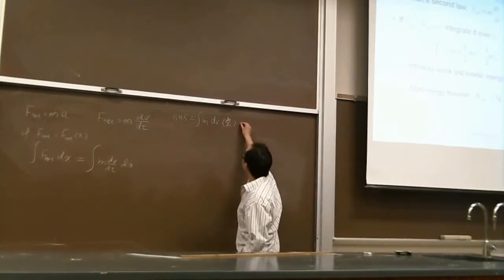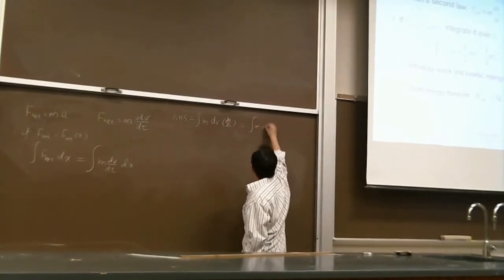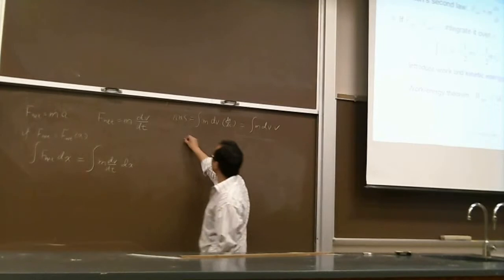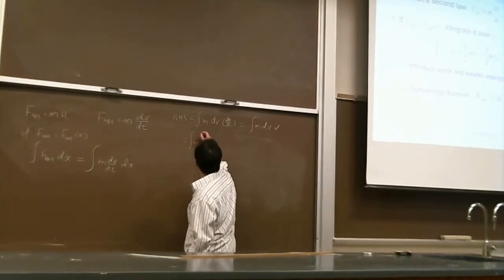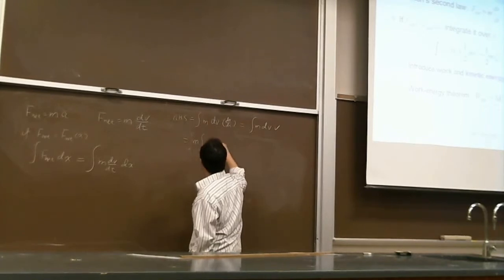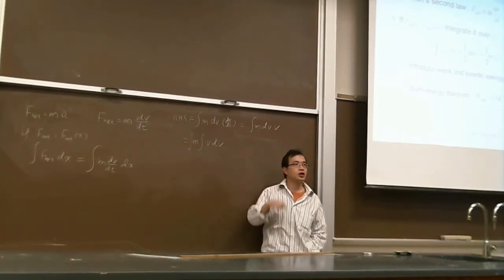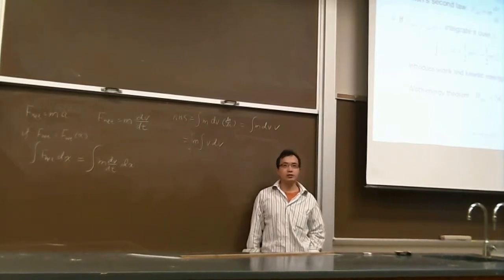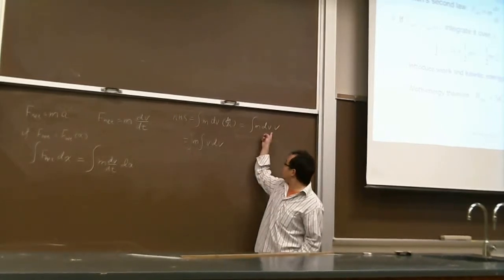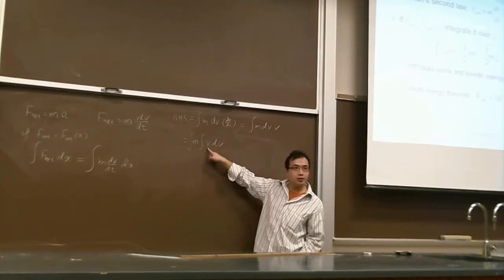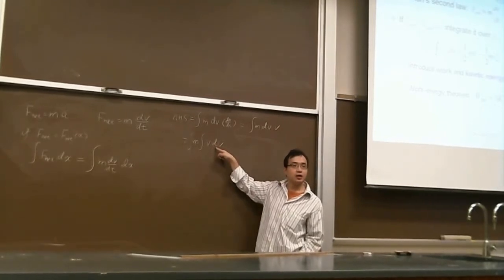So you can write it as m v dv. m is a constant, the mass, so you can put it in front of the integral, and then you have an integral of v dv, and you know how to integrate it, right?